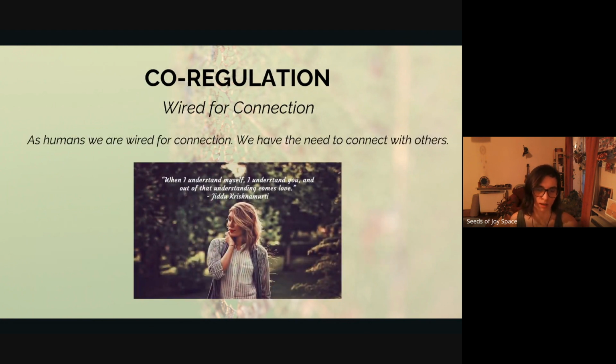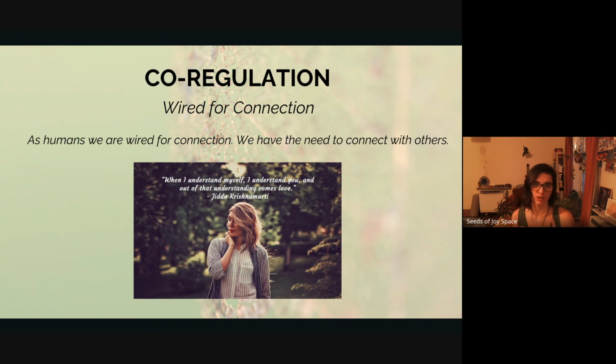And also, I already shared with you about co-regulation. We are wired for connection. We really have this need to connect with others. And this is something that can really help us to find safety within ourselves, by connecting with others that are promoting that safety. So that's also what therapeutic work is about.